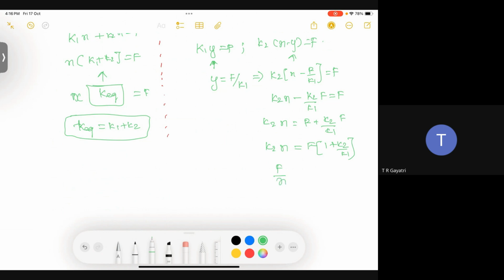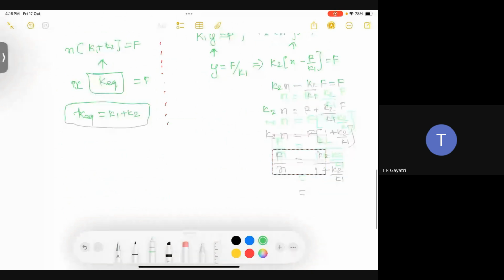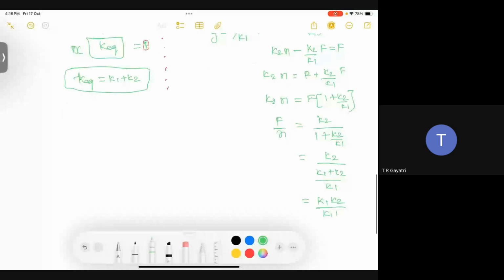Keeping F by x, I will get K2 by (1 plus K2 by K1). This will give me K2 by (K1 plus K2) whole by K1. This will again be K1 K2 by K1 plus K2, equal to F by x.